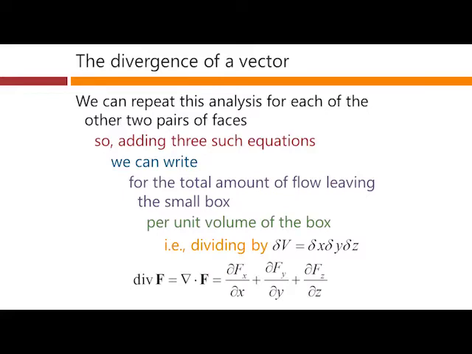Then the result of that is this divergence here. So we've shown that this divergence represents the net amount that is flowing out of the box in whatever quantity this F represents, for a very small box, in the limit of a small box, per unit volume.